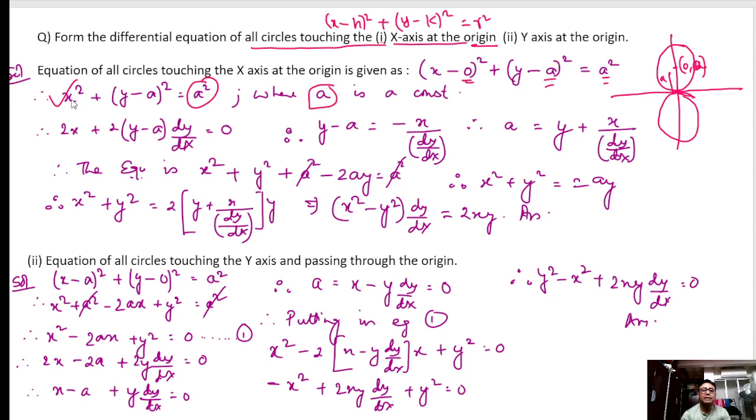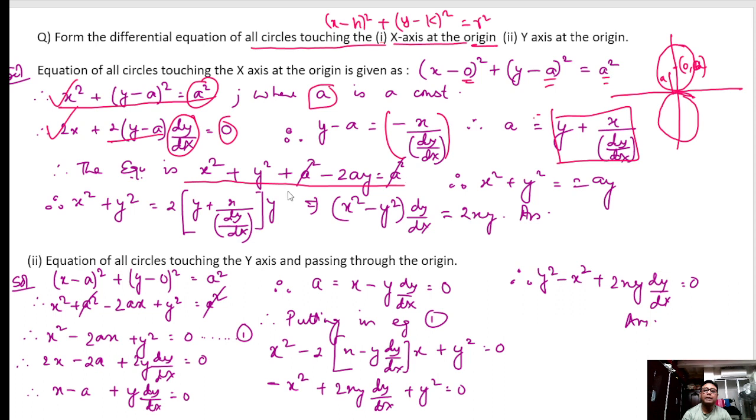Differentiating this becomes 2x, this becomes 2y minus a times dy by dx, and this is 0. From here we separate y minus a as this, and that is a. So we separated the a, and now we will replace it back in the equation. First, if I expand this equation, it becomes this.